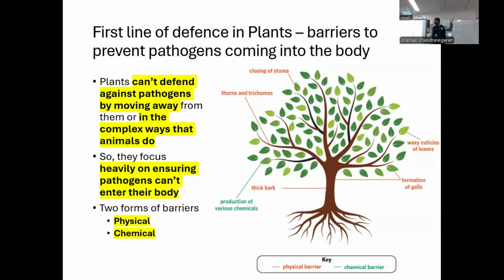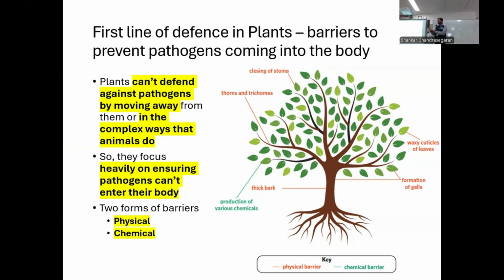Right? So we've looked at the first line of defense in animals. So let's quickly look at the first line of defense in plants. So, like we said, the main purpose of the first line of defense is to act as a barrier to prevent pathogens from coming into the body, right? Pathogens are most dangerous where they can breed and reproduce, or spread.